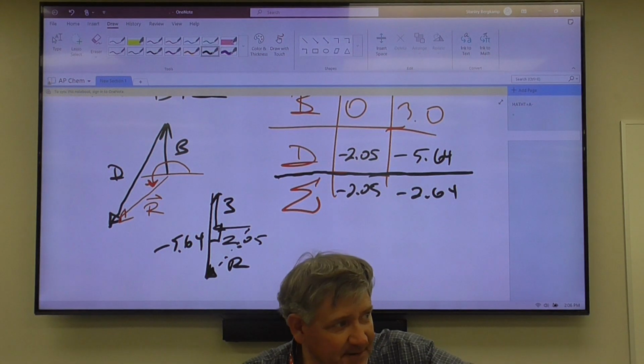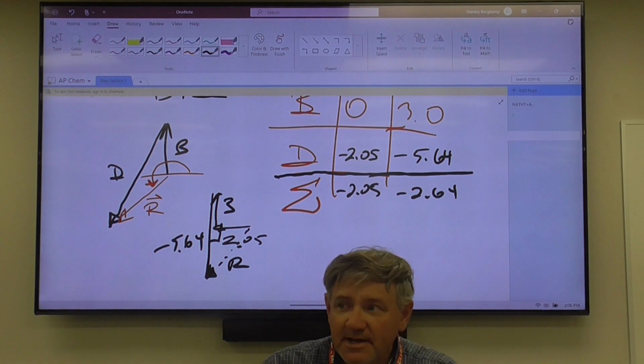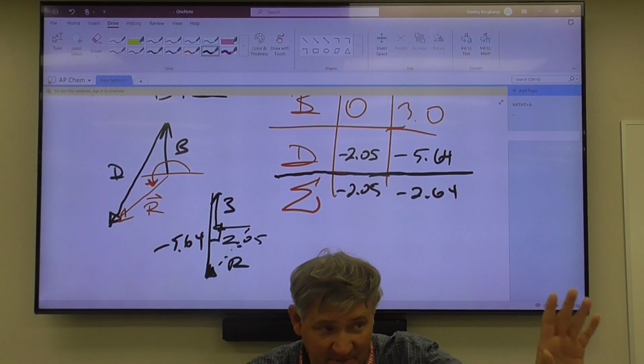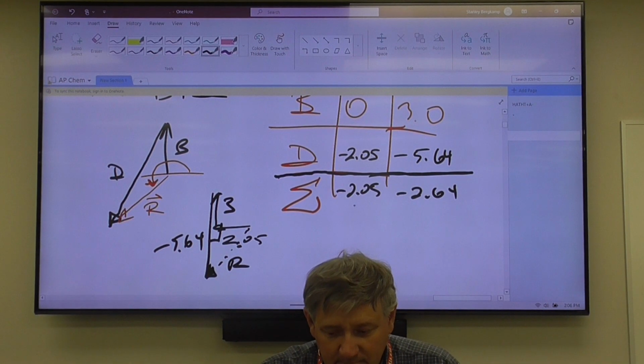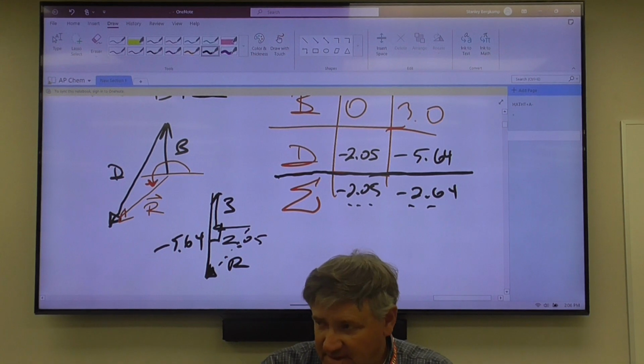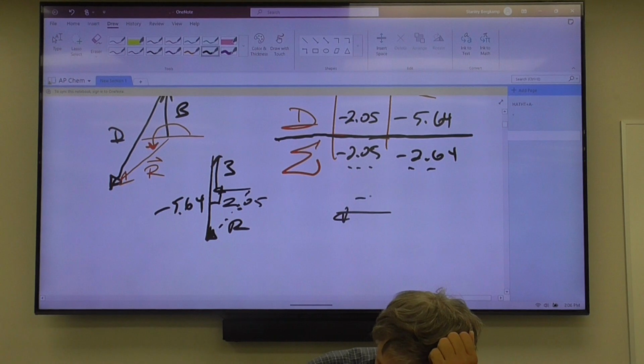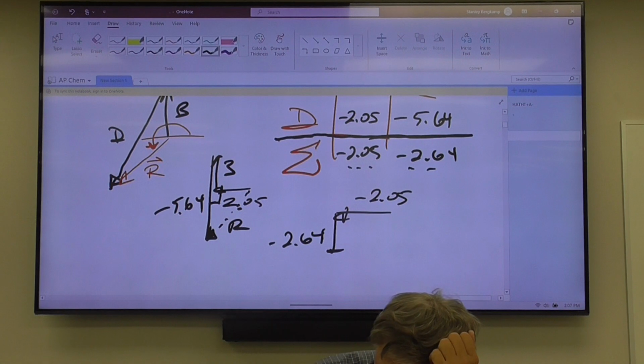That's where we're at. If you ever do a sketch, you do a sketch using these. So just come out here and say, okay, I always draw my x's first, and then I got negative 2.64.